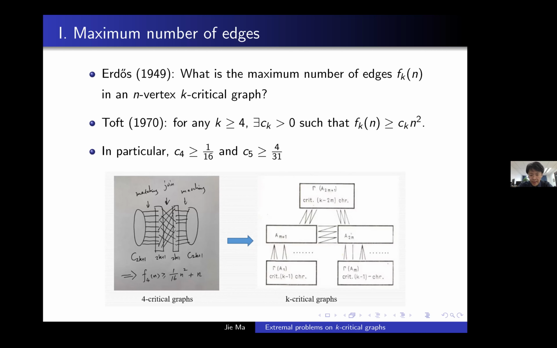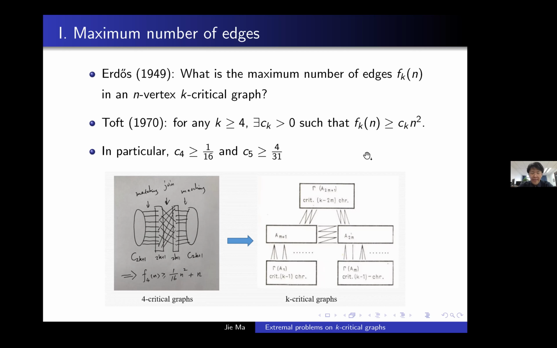The most interesting cases are k equal to 4 and 5, where we know the constants: c_4 is at least 1/16, and c_5 is at least 4/31. This is still the standing record for the bound.